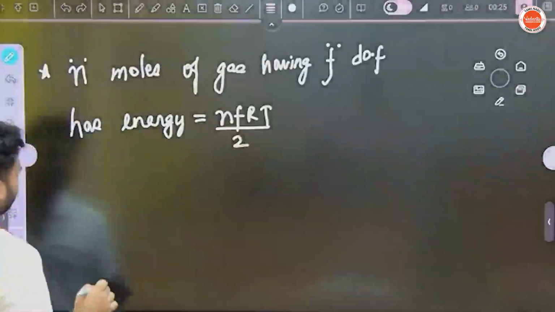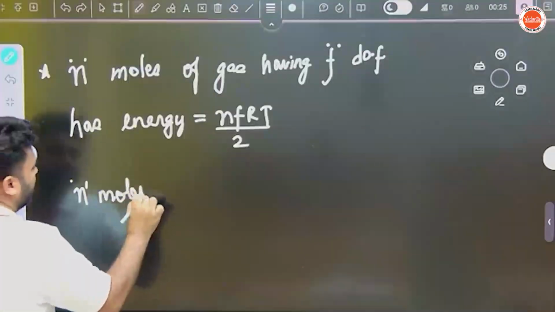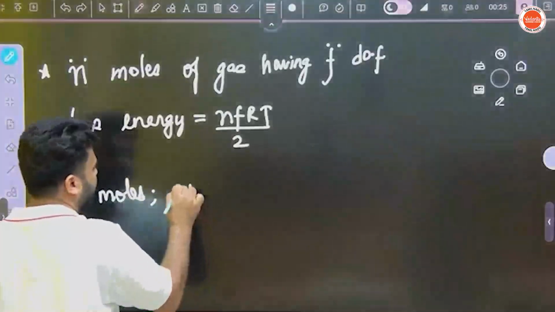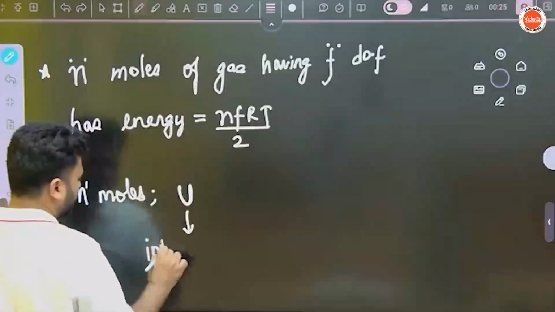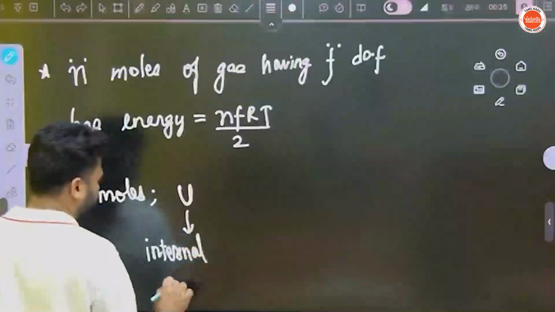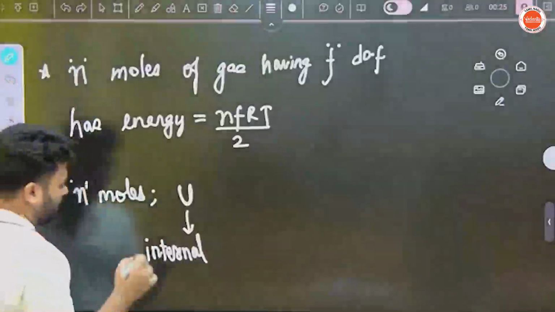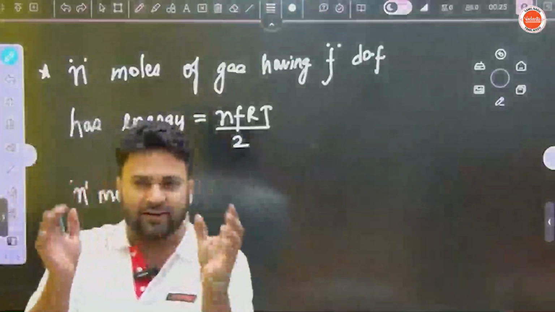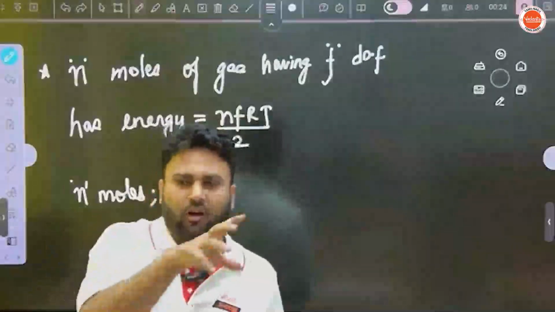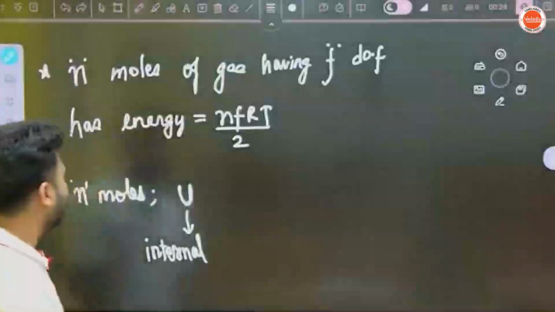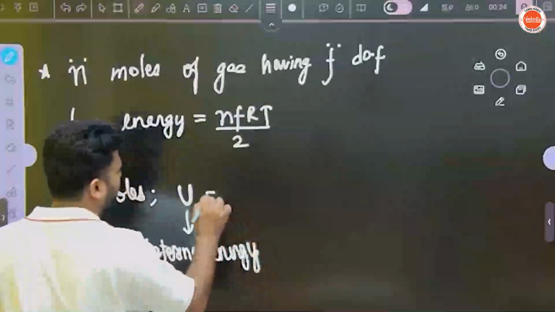Means if someone asks, if we have n moles of a gas, what is the internal energy? We call this internal energy also. What is internal energy? The energy of all the molecules. In a container there will be a lot of molecules, every molecule is moving, they have some energy. So the energy of all the molecules is called the internal energy. So for the internal energy formula, you remember it like this.